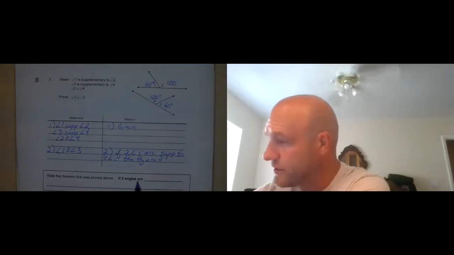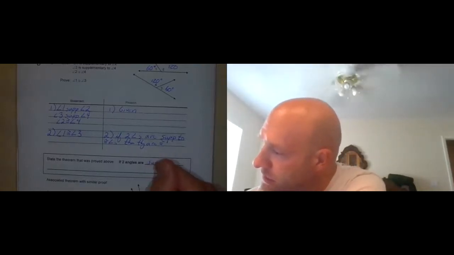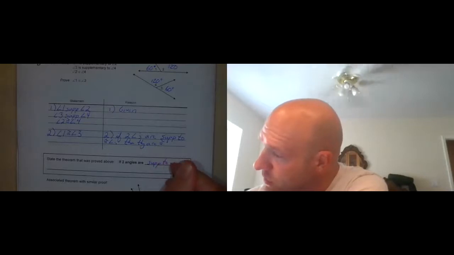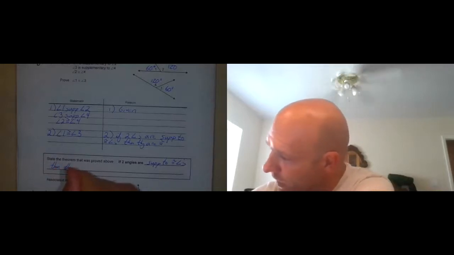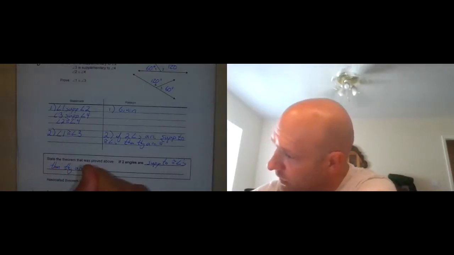And state of the theorem that was proved above. Again, I did not use the worksheet as they intended. I didn't prove it. I didn't put in that awkward algebra step. But we're saying if two angles are supplementary to two congruent angles, then they are congruent.